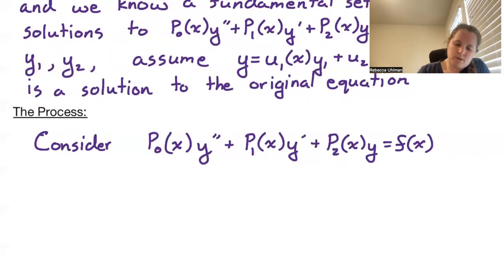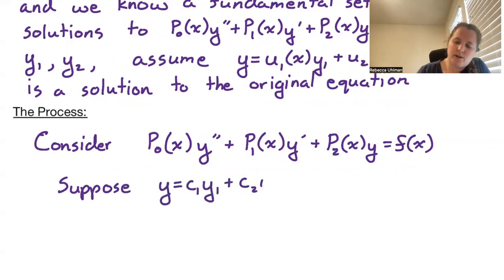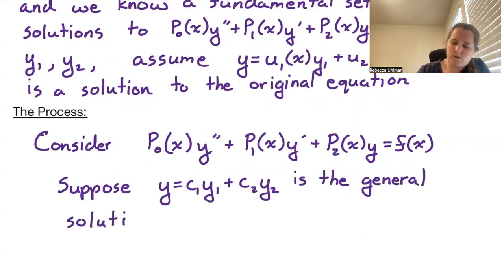This is sloppy, I apologize. And suppose that y equals c1 times y1 plus c2 y2 is the general solution to the homogeneous equation.